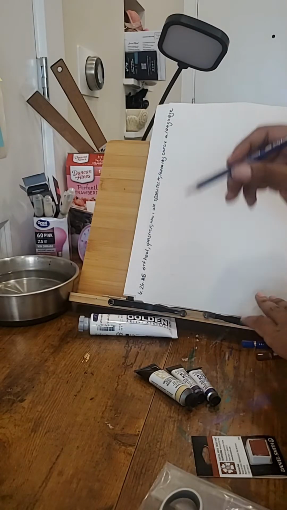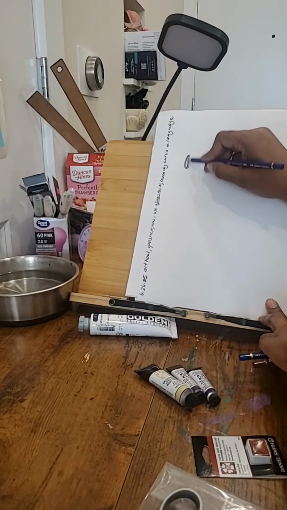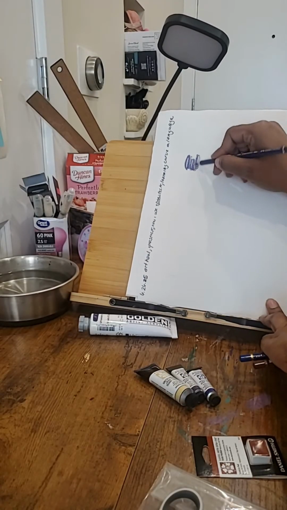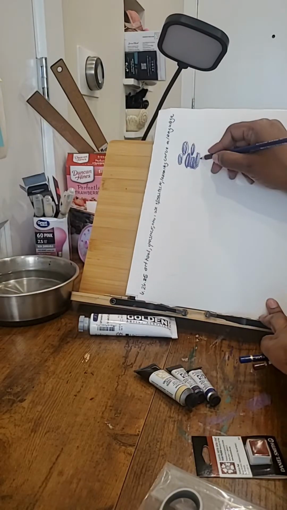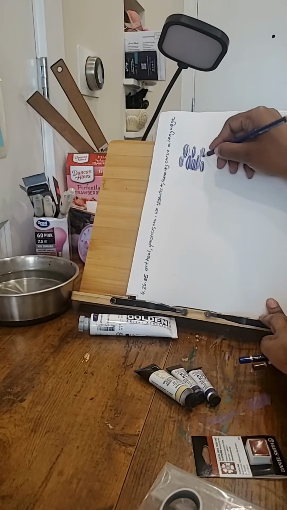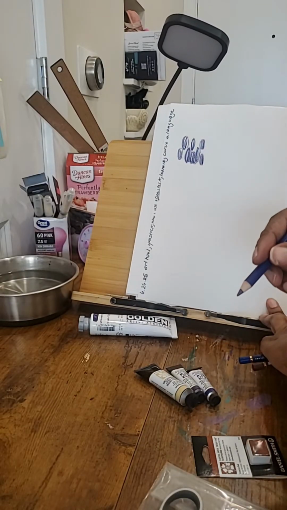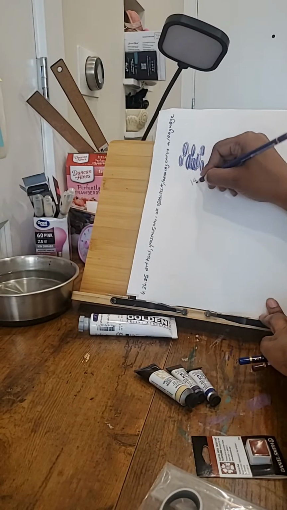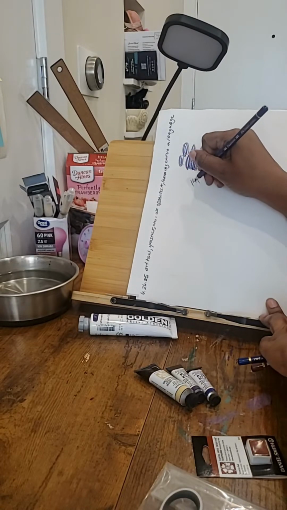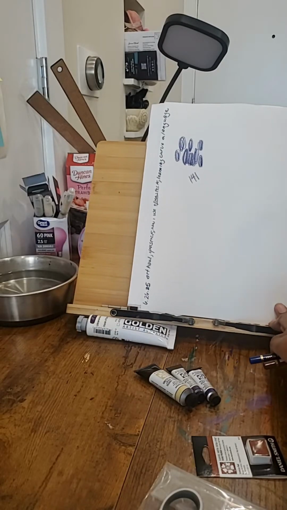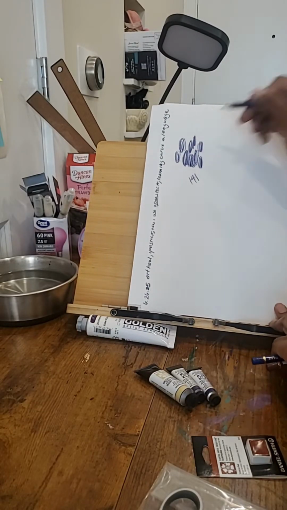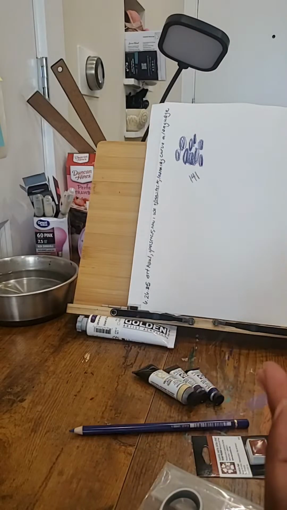Delft Blue in the Faber-Castell Polychromos. Delft Blue, this is 141. And it's like a dark purple.